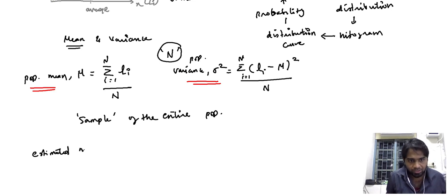The estimated mean is often represented by a symbol different from mu, namely x bar, and even though the symbol changes, the way we calculate it remains the same.